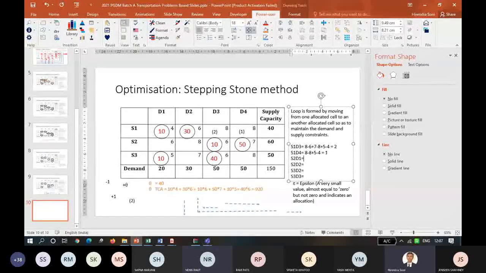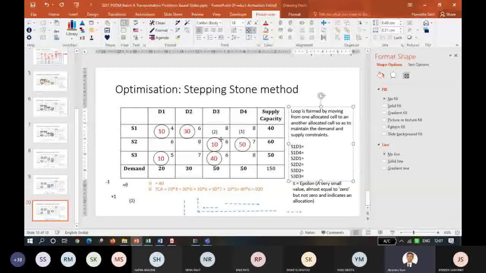I'm happy that you said that you did not understand. Okay, see, we don't have any indicator which tells me that this is an optimal solution. Whenever we calculate opportunity cost for non-empty cells, that time it tells me if there is a negative value, that means further cost reduction is possible. That is my only indicator.